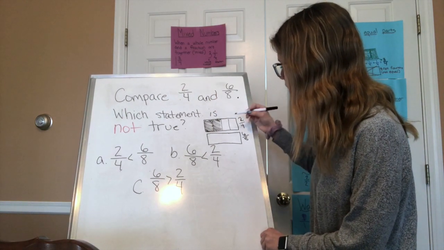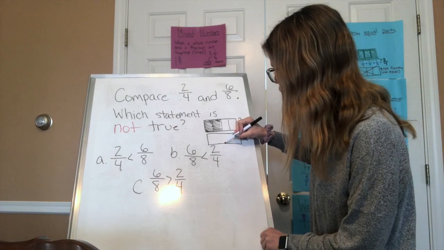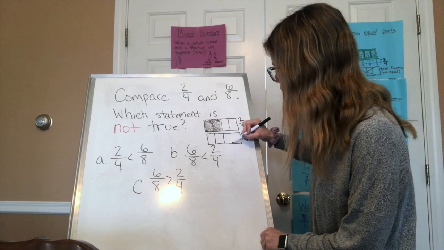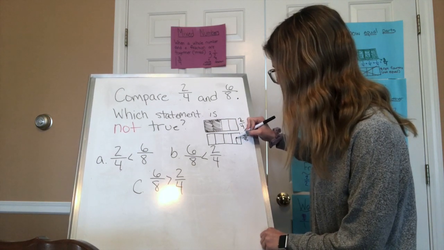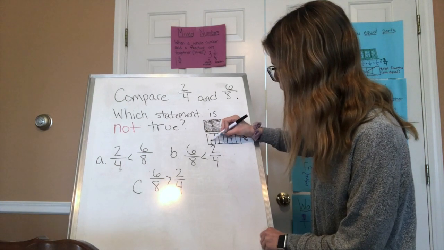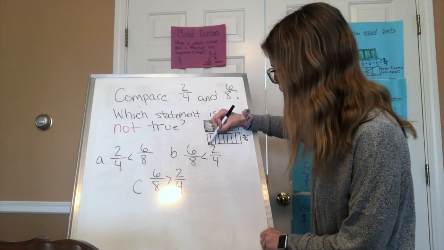And for 6/8 I'm going to do the same thing, where I break it up into 4 parts first and then separate each part in half, because 4 times 2 is 8, and shade in 6.